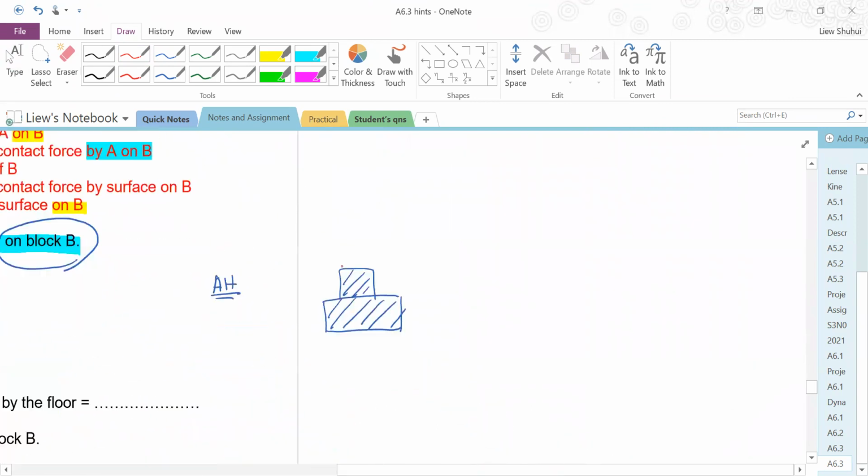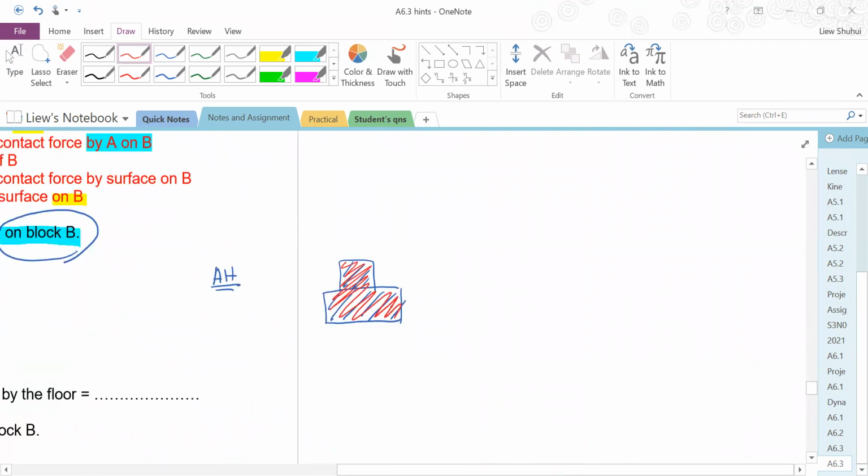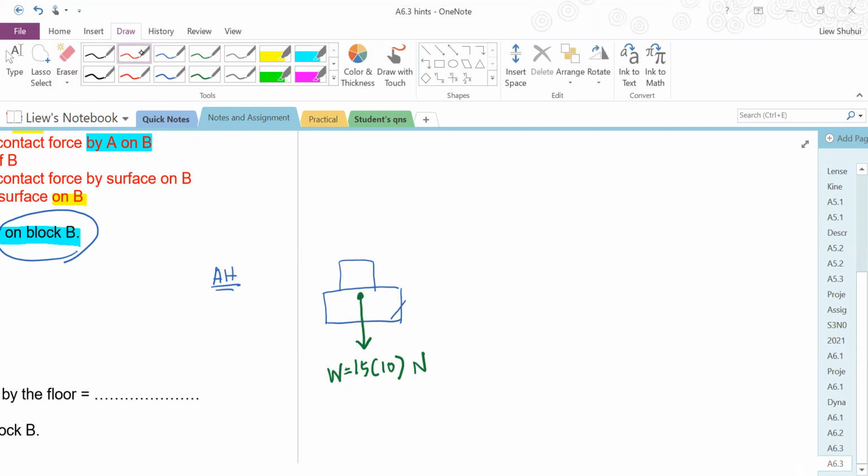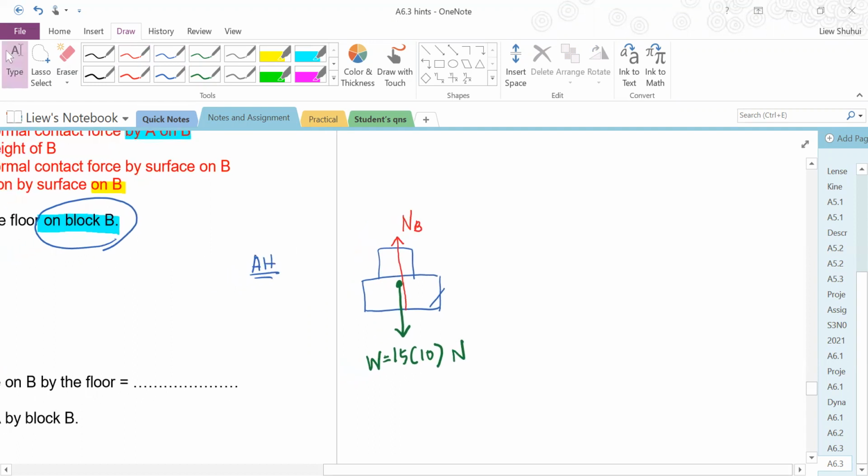So this one whole single object has a mass of 15 kg, and therefore it has a weight of 15 times 10 newtons. B is in contact with the surface, so from here, you can find out the normal contact force on B by the surface.